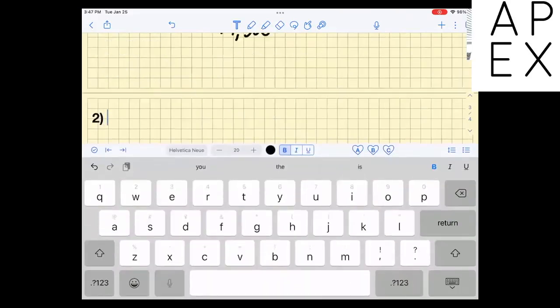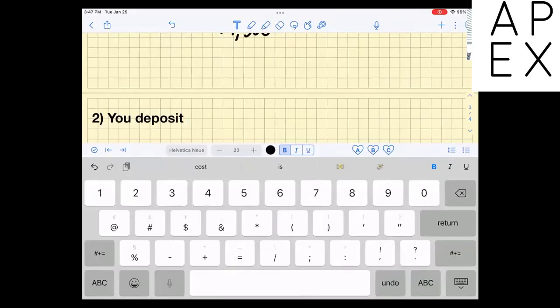So for number 2, let's say that you deposit, and I'm going to use basically the same numbers so that you can see the difference.